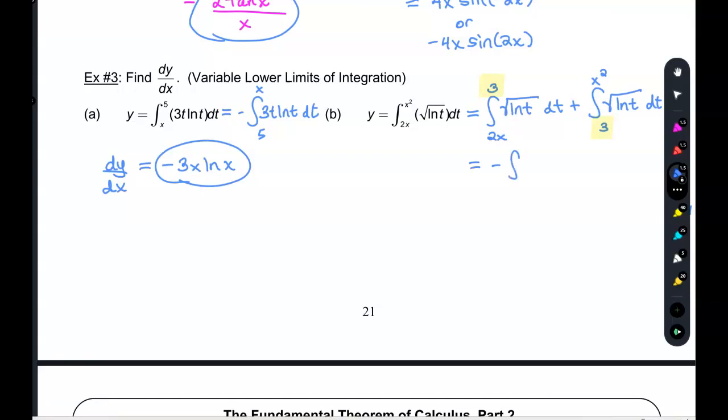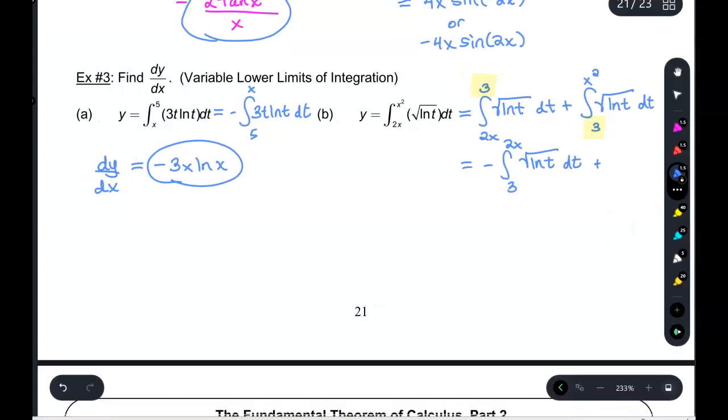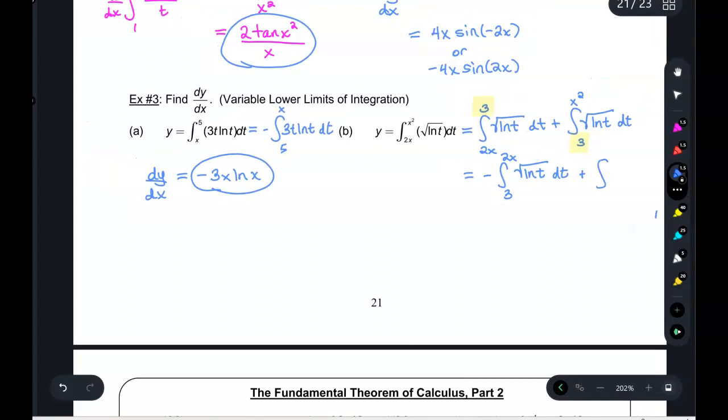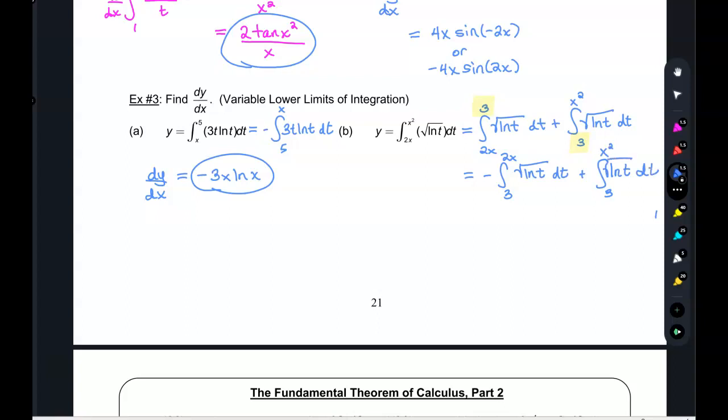So I'm going to make this negative integral from 3 to 2x of natural log of t dt under the radical. And the second one I'm just going to keep the same. So my dy dx will be what? The second one already had the variable in the top. You always want to make sure the bottom number is the constant, because this constant is going to ultimately go away.